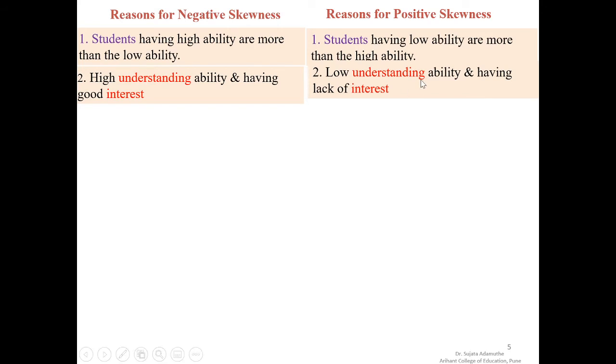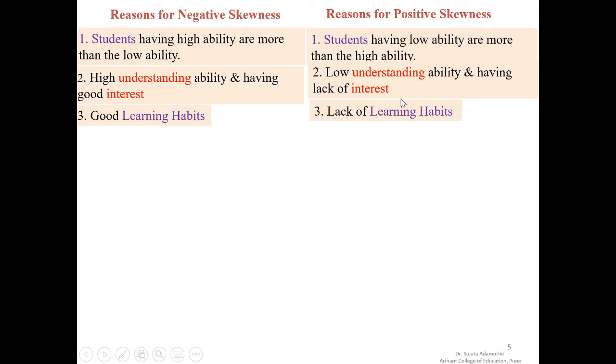Opposite of that, if the students' understanding ability is very low and they have a lack of interest, they will not study properly, and so they will get lower scores and the positive skewness will come there. If they have good learning habits, then obviously they will get good scores, and the highest frequency of that group will come on the positive side, and the negative skewness we will notice there.